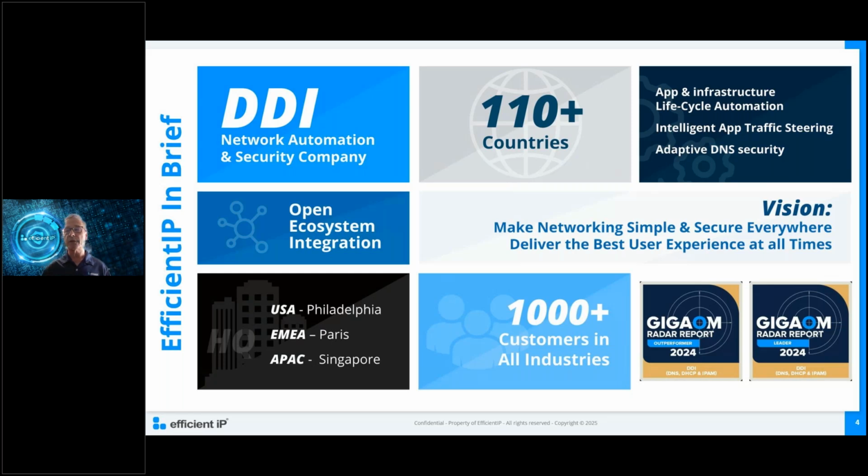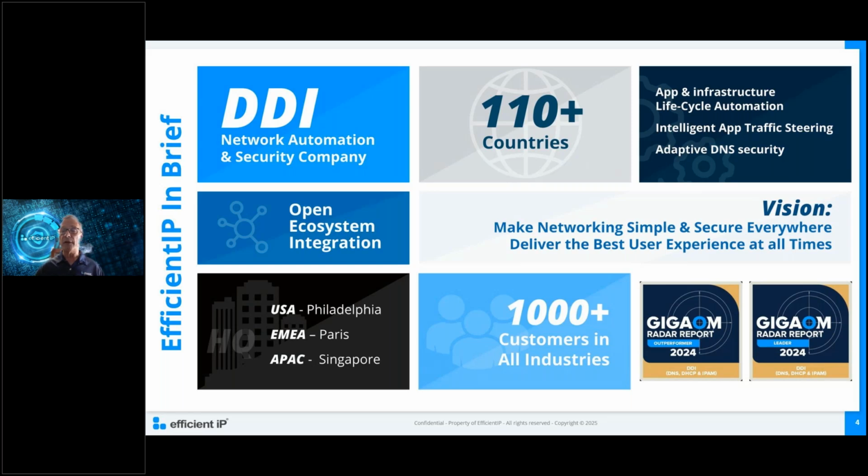But let me tell you what's really important about EfficientIP. First, EfficientIP has been recognized as the market leader and outperformer in the 2024 GigaOM Radar Report for DDI. For the second year in a row, I might add. The GigaOM Radar Report awarded us as top innovator, ranking us closest to the center of the radar, highlighting us as the most advanced DDI solution on the market.